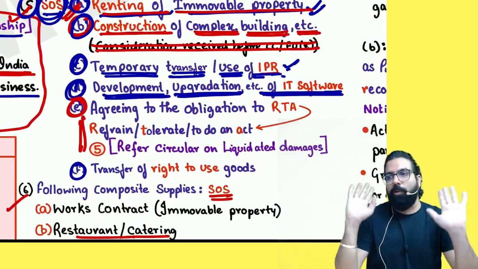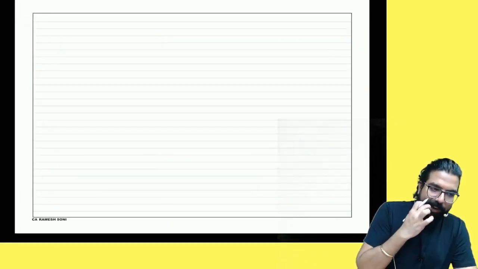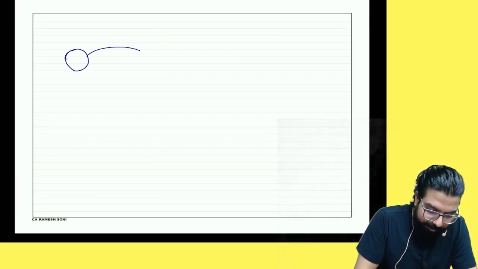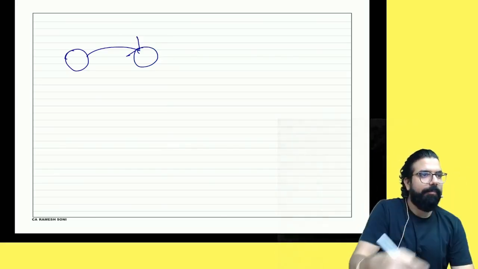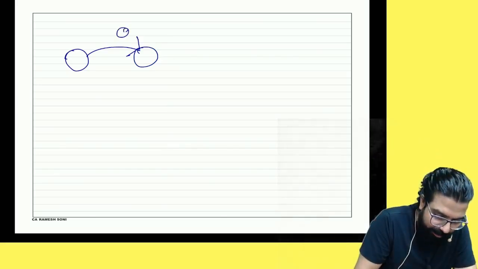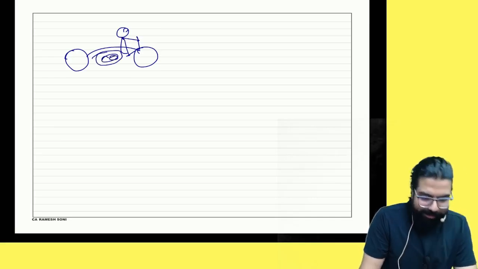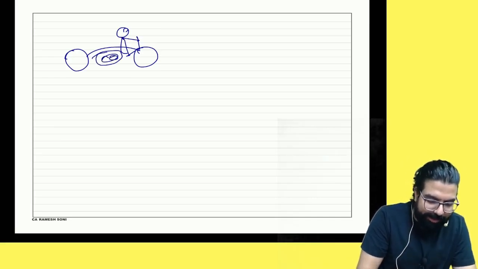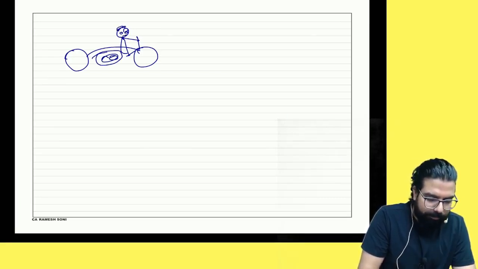Very, very easy, but you have to listen. Chalo, I will draw first, because I love drawing. Okay? You tell me what am I drawing? This is Jagdish, everyone. This is a bike. This is Jagdish, okay? Who is this?